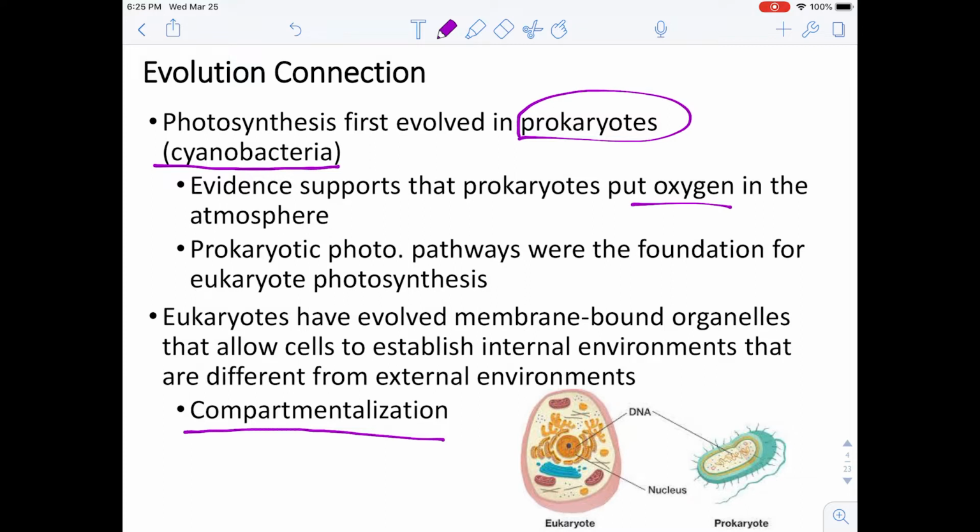Eukaryotes have evolved organelles that allow the cells to establish internal environments that are different from the external. So that load of words is really just saying that organelles are like little tiny locations where very specific cell functions can happen independently of other cell functions. So the cell is essentially in these little tiny compartments.